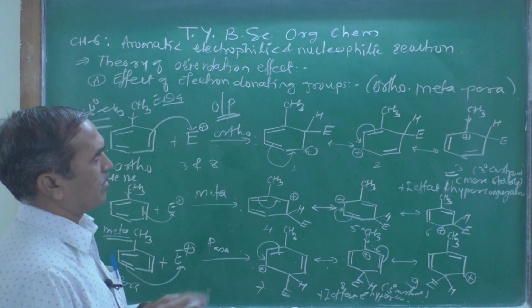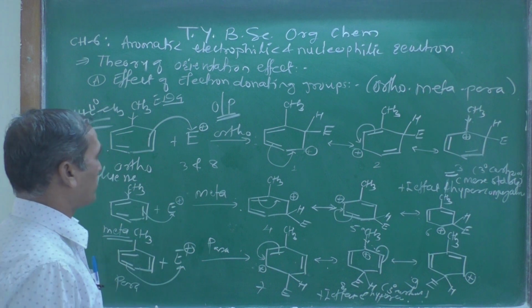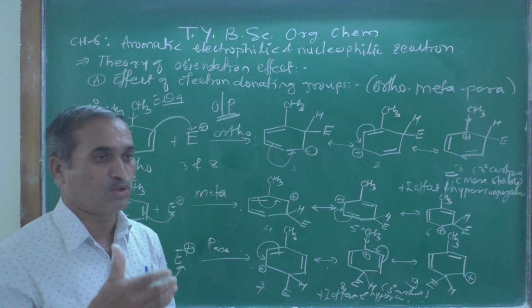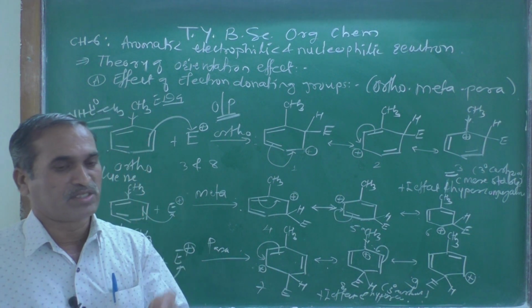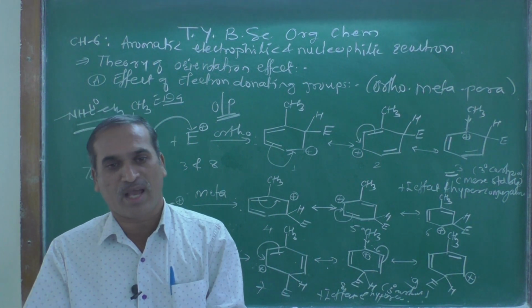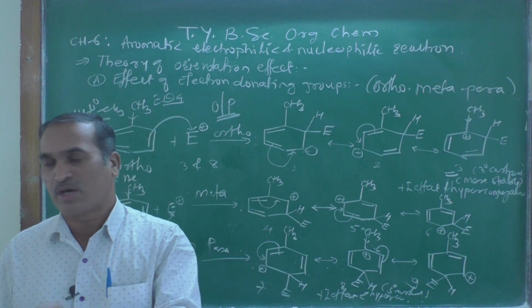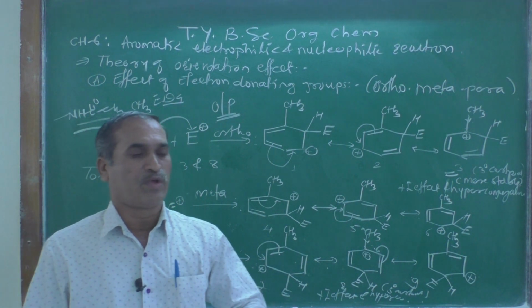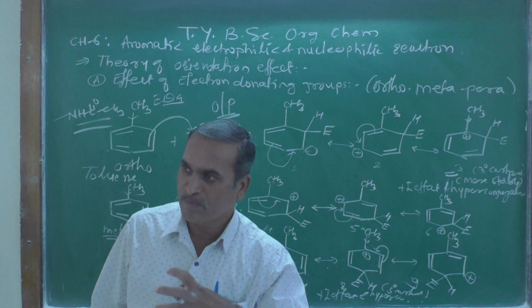So just remember, if electron donating groups are present, they are ortho-para directors, meaning they activate the ortho as well as the para position, and therefore we predominantly get the ortho and the para product.